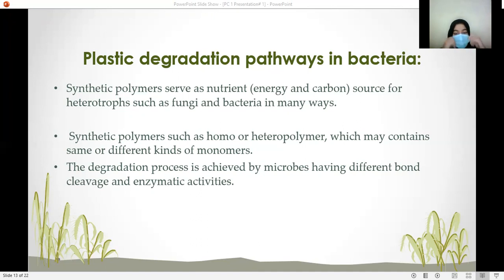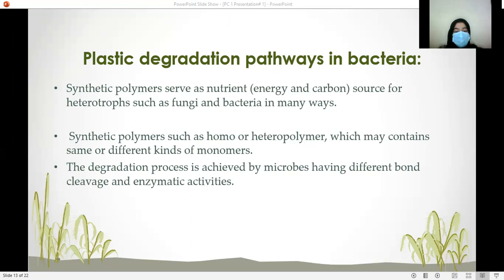On the contrary, in the indirect mechanism, metabolic products produced by the microbes degrade or deteriorate the polymer. It occurs in a consecutive manner where physical and chemical traits of the polymer are altered, like biodeterioration, followed by enzymatic cleavage, fragmentation, then assimilation and mineralization.